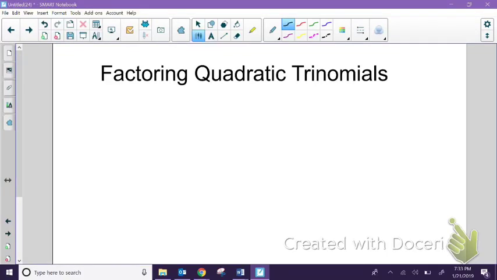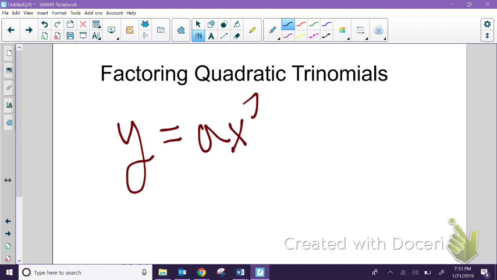Hey guys, this is going to be a brief video on how to factor trinomials, okay? I'm not going to go into the whole spiel about reteaching everything, but whenever we are factoring something and we're looking at a quadratic, we have y equals ax squared plus bx plus c.